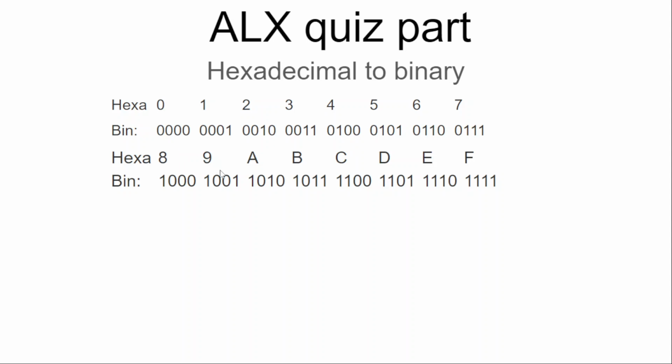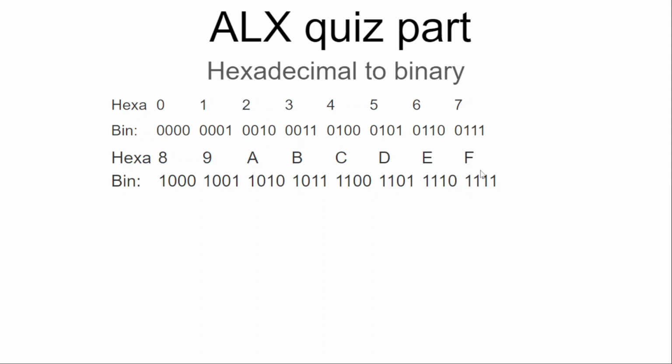Up to 9 it is the same as in base 10. But from 10, in hexadecimal, 10 means A, 11 means B, 12 means C, D is 13, and then 14 and 15.